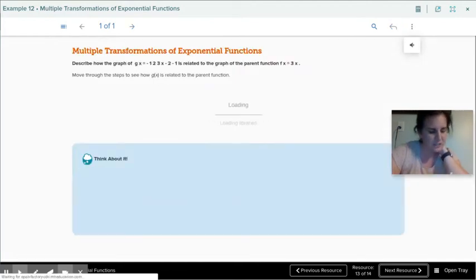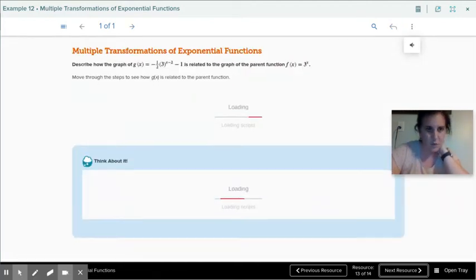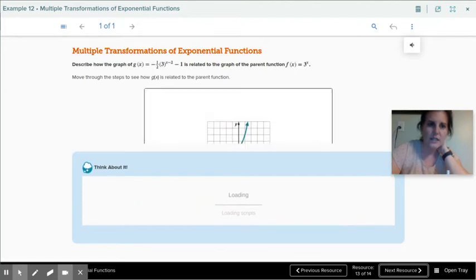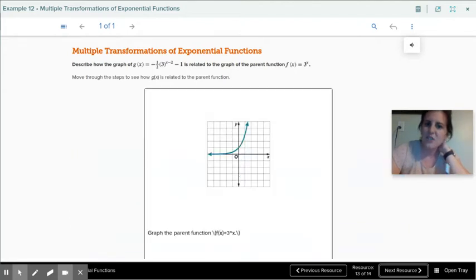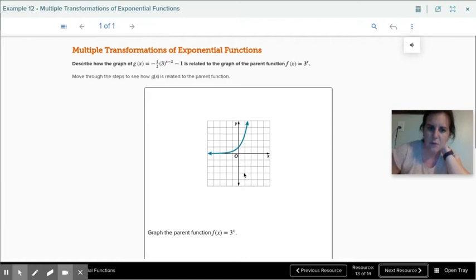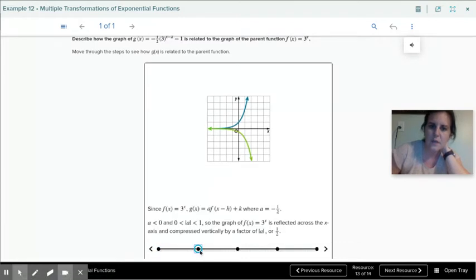All right, and our last example for transforming exponential functions is example number 12. So it says multiple transformations of exponential functions. Describe how the graph is related to the graph of the parent function. So we're going to move through these steps to see how the two are related. We can tell that it's flipped, across the y-axis, or x-axis.